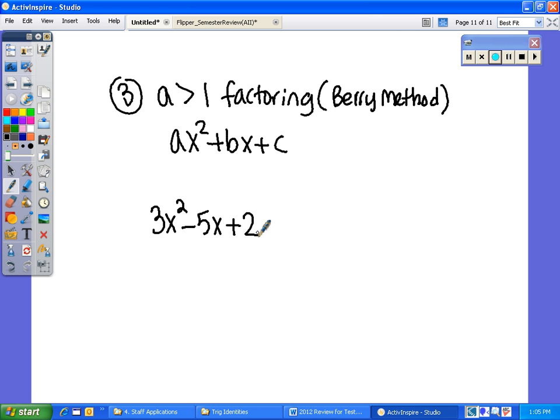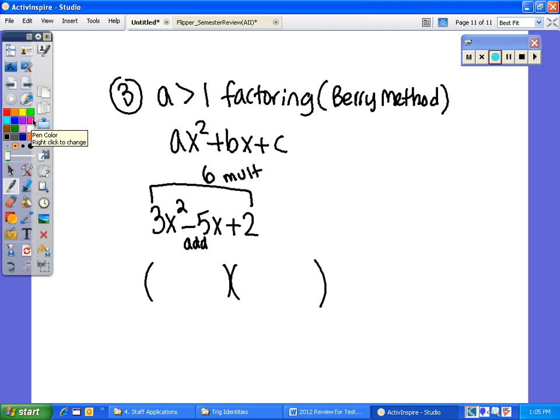The first thing that you do with this is you multiply the first and last, always. And you only multiply first and last when there's a number in the front. So first and last is equal to 6. So I need two factors that multiply to 6 but still add to the middle. Okay, so when I think about 6, I think about 6 times 1. Well, 6 plus 1 won't give me 5, so that's not going to work.